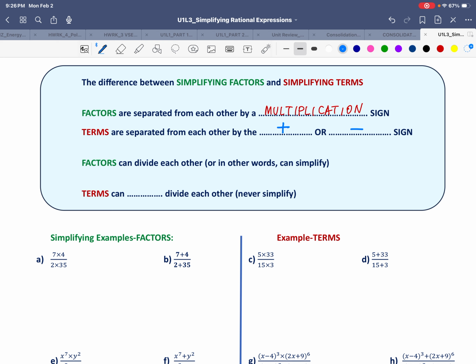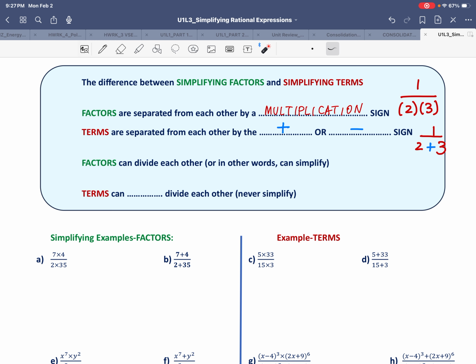So what does that mean? If you have 2 times 3, we're going to say that 2 and 3 are factors. If you had 1 divided by 2 times 3, 2 and 3 are factors. But if we have, for example, 1 over 2 plus 3, then we're going to say that numbers 2 and 3 are terms, so they're not factors.